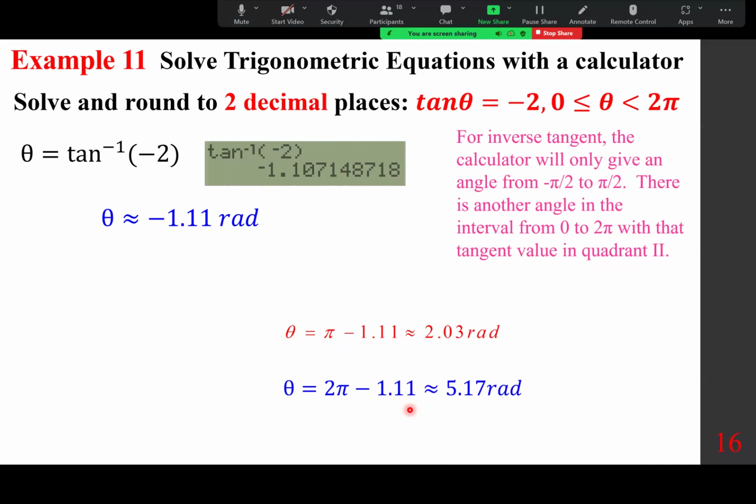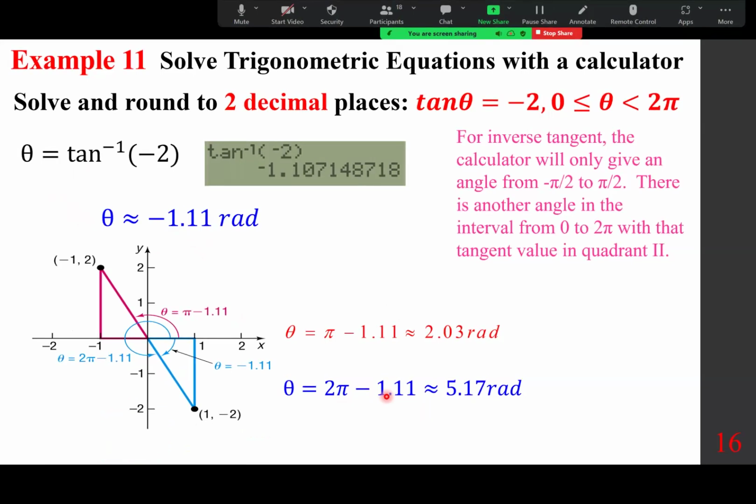Because we want to go from 0 to 2 pi, you add pi, it gives you the second quadrant. You add another pi, it puts you in the fourth quadrant, and it becomes positive because we went from 0 to 2 pi. So to this number, add pi, puts you in the second quadrant. Add another pi, that's why pi and this one, 2 pi and this one.